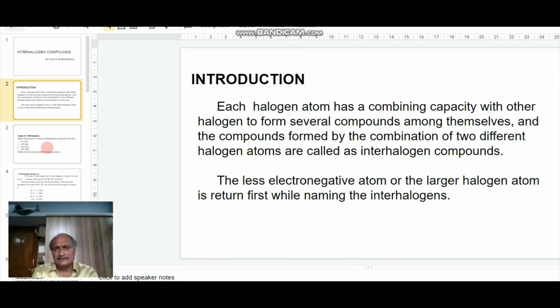While naming the interhalogens, we take the less electronegative atom or larger halogen atom first.